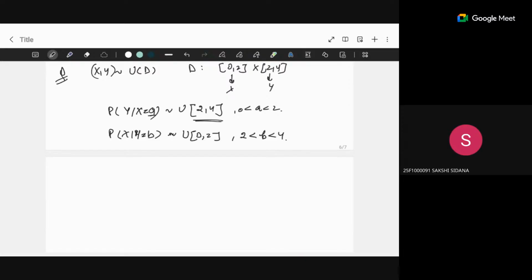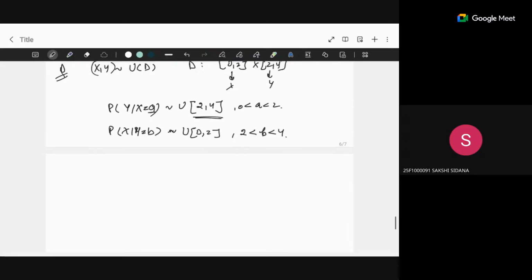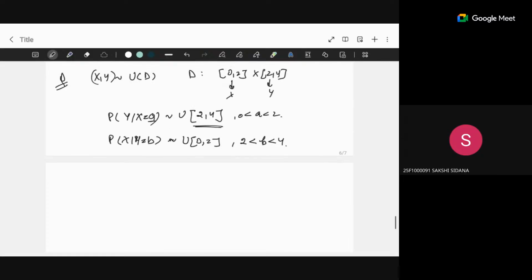Ma'am, can I ask my question again? It is given as probability of y equal 3, condition x equal 1, let's suppose. Then how are we going to write it's uniform between which range? Then at that time you will be calculating the values, right?